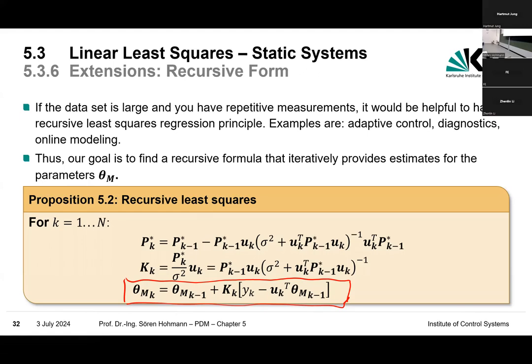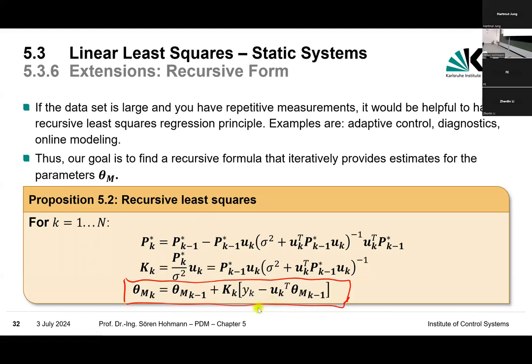And of course, it's a little bit more complicated because we do not have this one variance. We have a couple of variances because we have a couple of outputs. So it's a covariance matrix, and we have to include this. And therefore, it's mathematically a little bit more complicated, but the basic idea is exactly what we said.